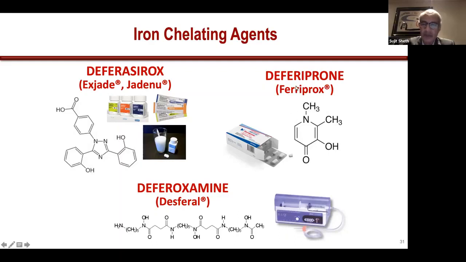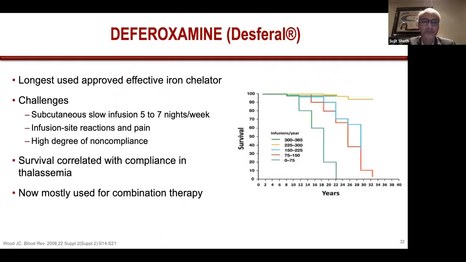Initially, it was given 3 times a day, and now we have available a twice-a-day formulation as well, which should result in significantly improved compliance because individuals were missing a middle dose of Ferriprox when it had to be taken 3 times a day.